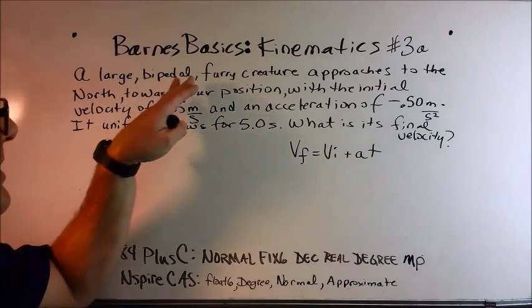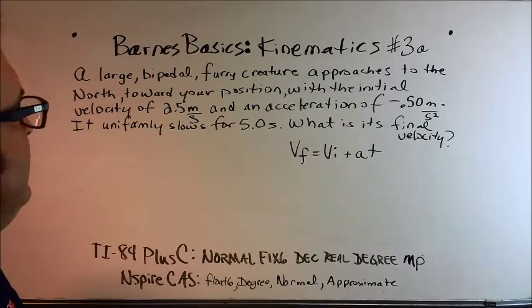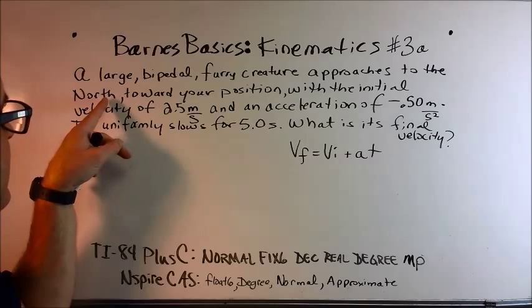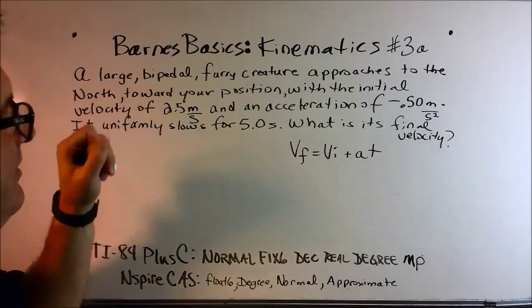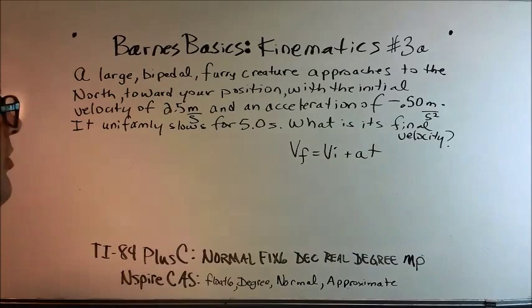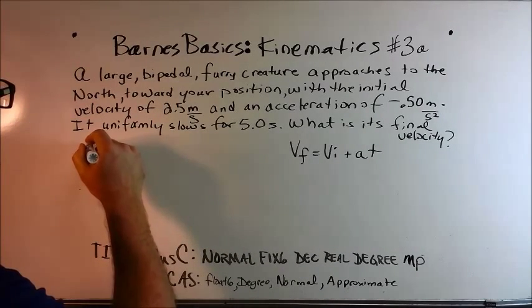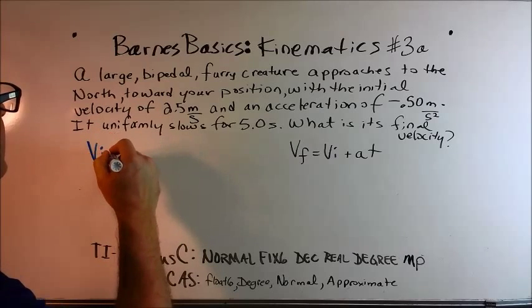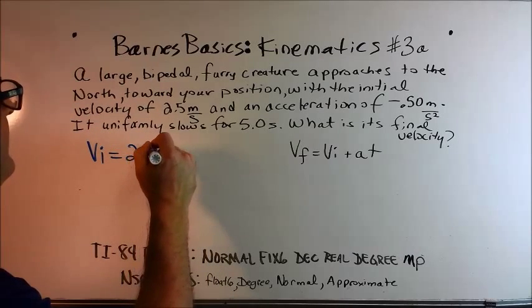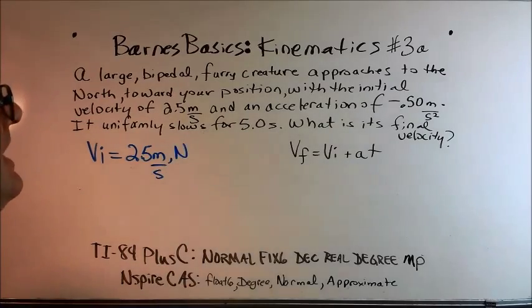Let's read the problem though and try to determine what kind of variables we have. We know that the monster is moving north and the initial velocity is 2.5 meters per second, to the north.